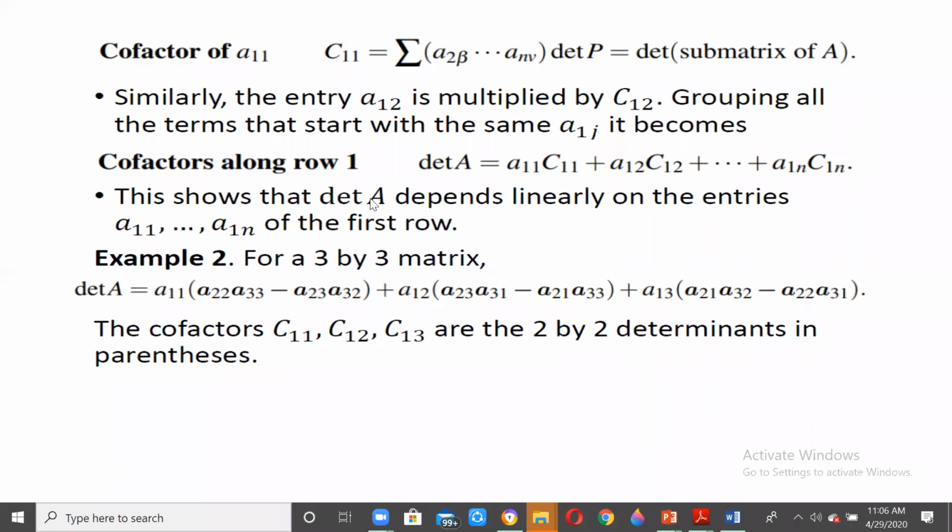So this shows that the determinant A depends linearly on the entries A11 to A1n of the first row. So we can take an example of a 3 by 3 matrix where the determinant of A we know very well.